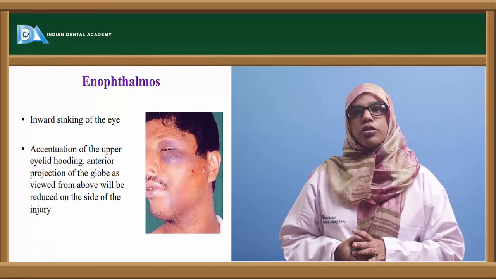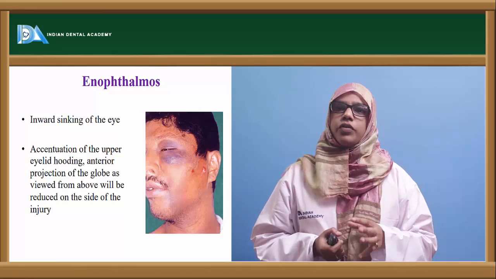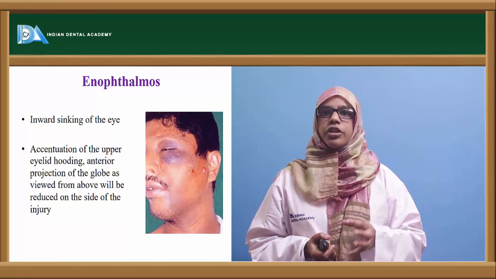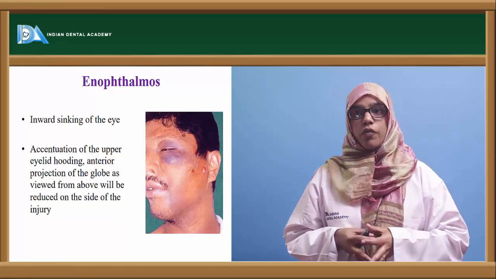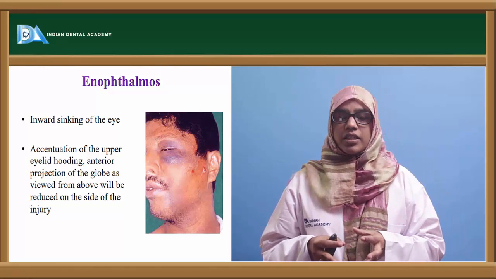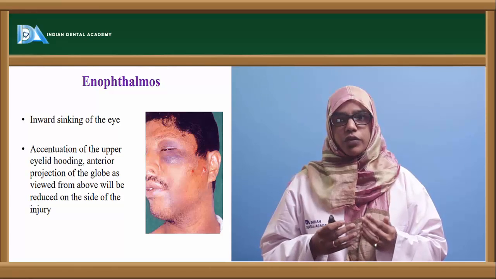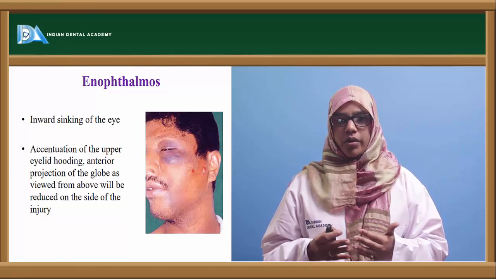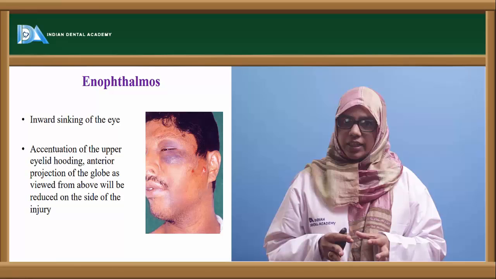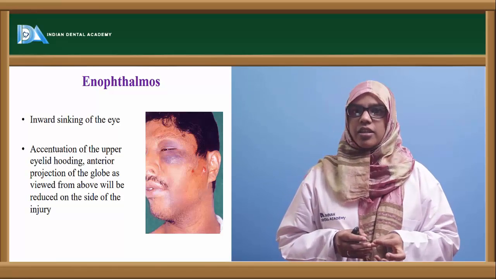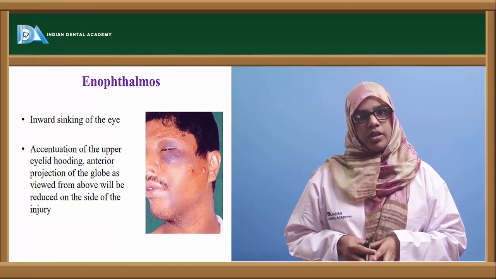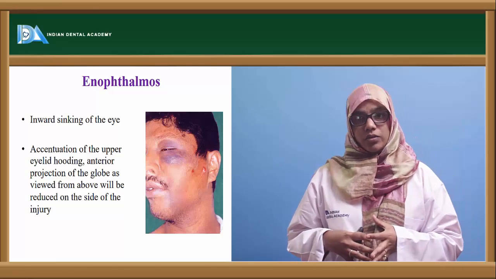Then let's move on to enophthalmos. Enophthalmos is nothing but inward shrinking or sinking of an eye. Now there is accentuation of the upper eyelid hooding, and anterior projection of the globe when viewed from above is reduced. Basically the eye goes inside the socket, that is enophthalmos. Now why does the eye go inside the socket?